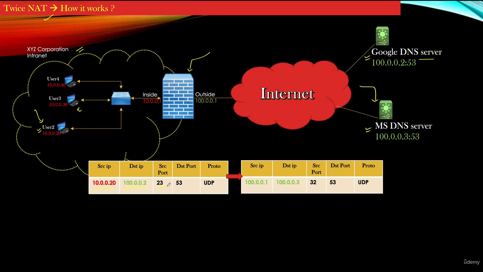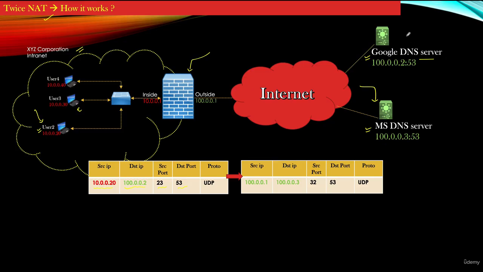Source port number would be something which is randomly generated by the application running on the user 2 local machine, and the destination port has to be 53. It is the user 2 responsibility to contact the Google DNS server on the right IP address as well as on the right port number.